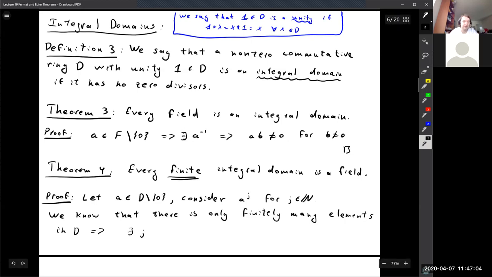So there exist J1 and J2, not equal to each other, such that A to the J1 equals A to the J2.